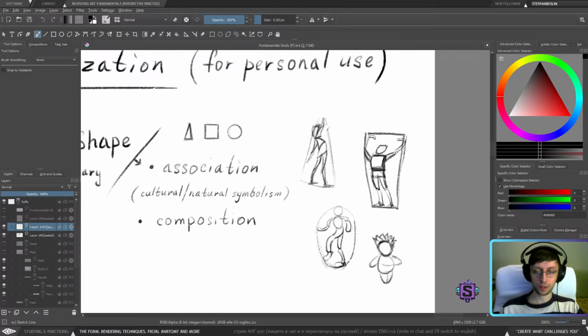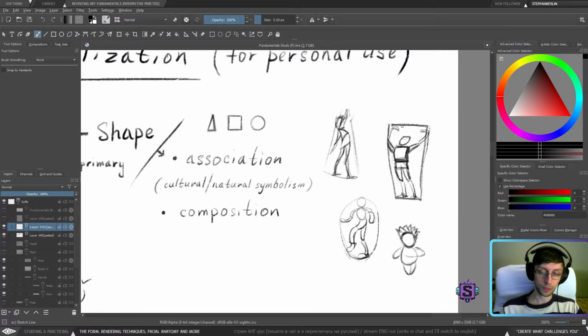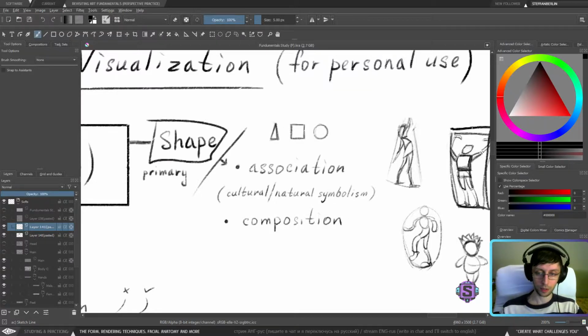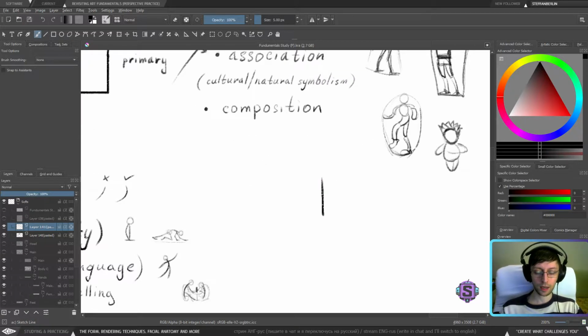And composition is a little more complex, of course, but since we need to find a way to integrate composition already, using shape could be a good idea. Choosing a regular shape like this could tell us how exactly we're going to place the character inside of the shape. By making this shape a little more dynamic, we could create a potential direction for our character.